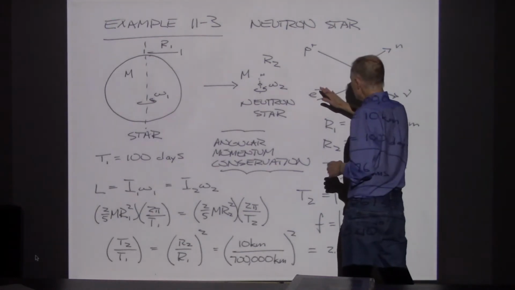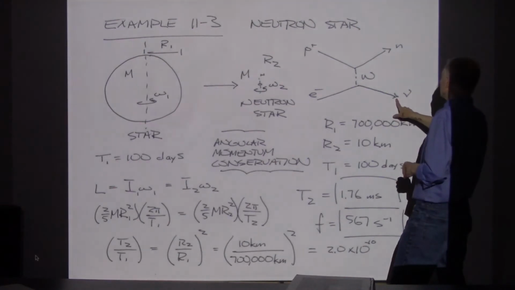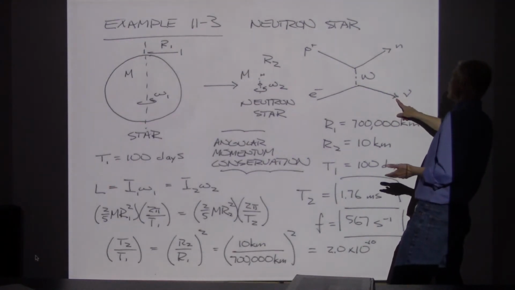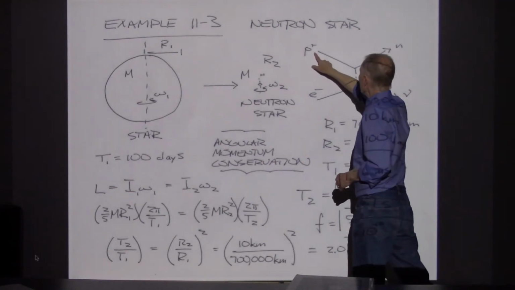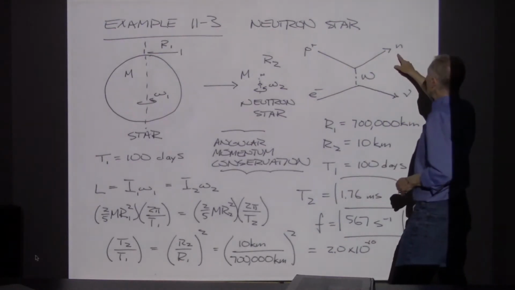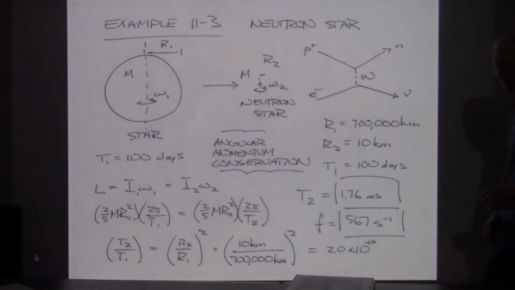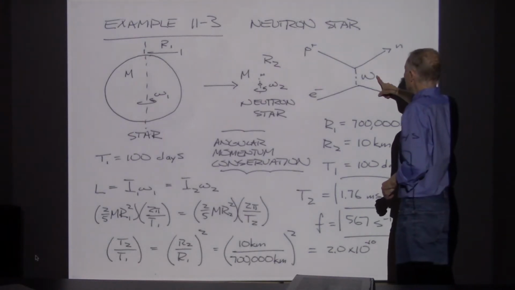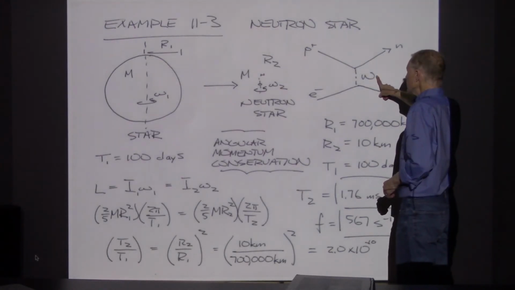Now, at the same time, electrons turning into neutrinos does not conserve charge. At the same time, that reaction is coupled with protons turning into neutrons. This is what we call a Feynman diagram. We'll see these kind of at the end of Physics 4C. And so this is a reaction that happens through what we call the weak force in nature.